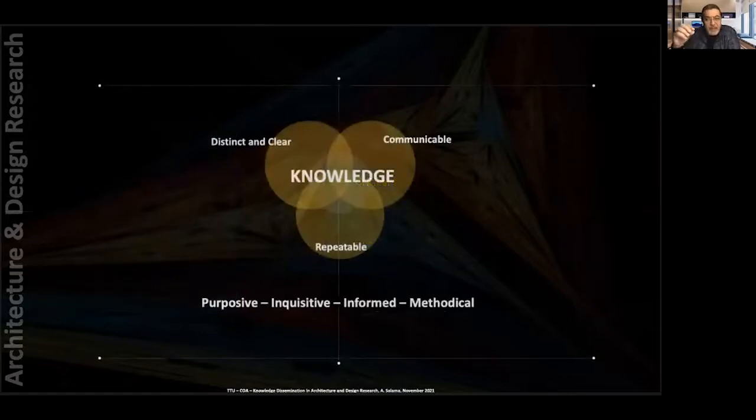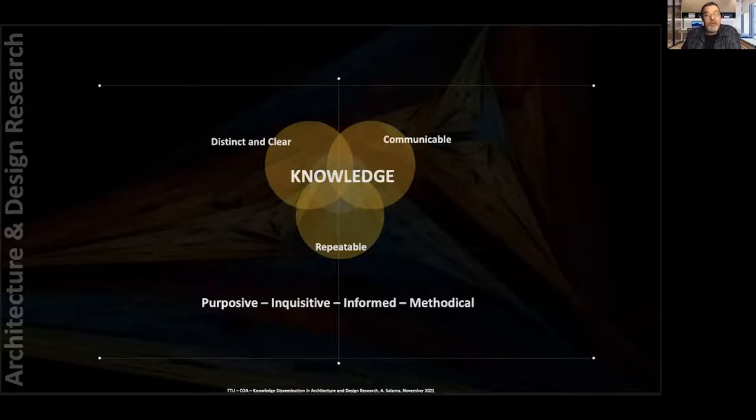But a number of qualities are critical to the development of knowledge resulting from research. And here we're coming closer now to actual dissemination. In order to communicate that knowledge, it has to have specific qualities. These qualities are, as you can see here, distinct and clear, communicable, and repeatable. These are the major three qualities. Resistance to multiple or confusing interpretations.